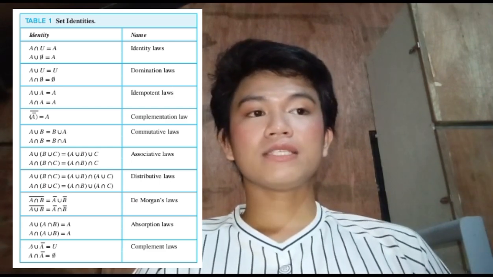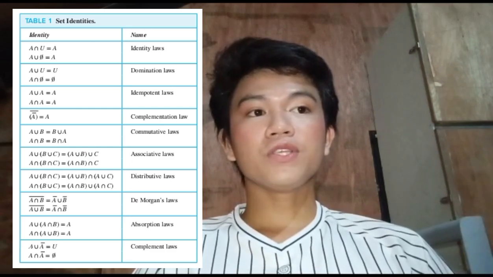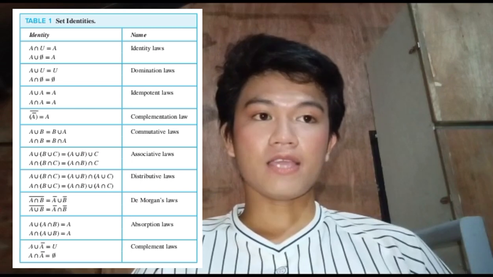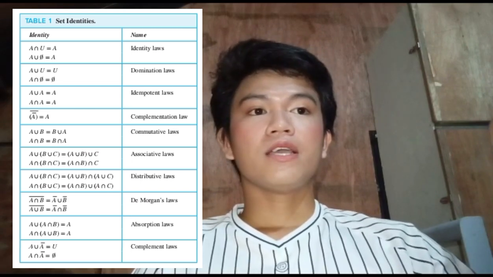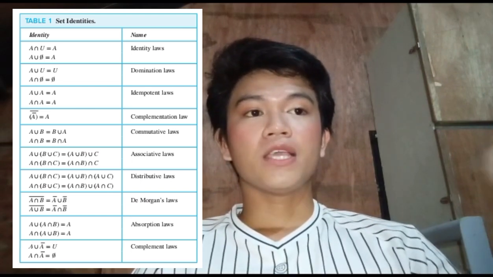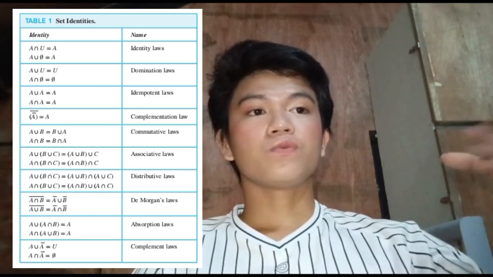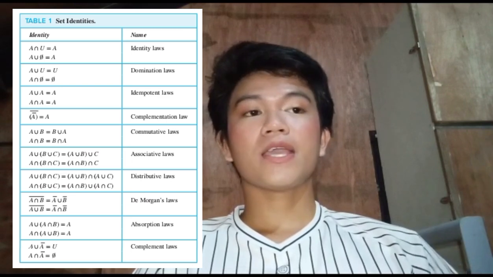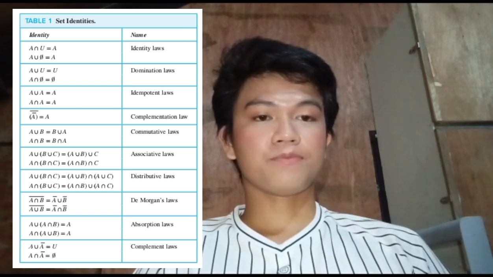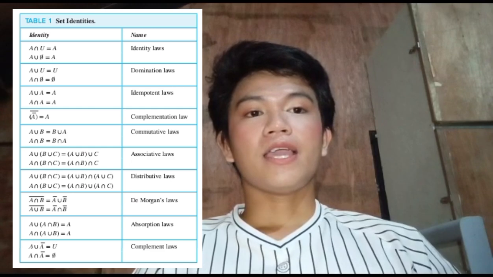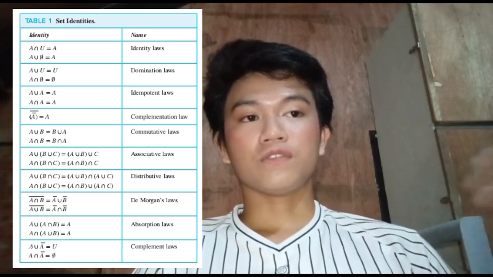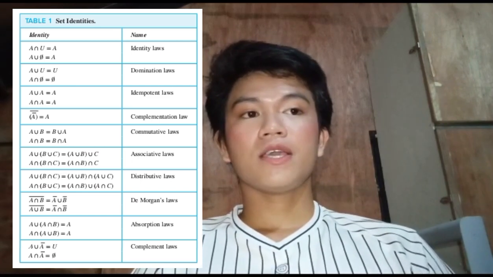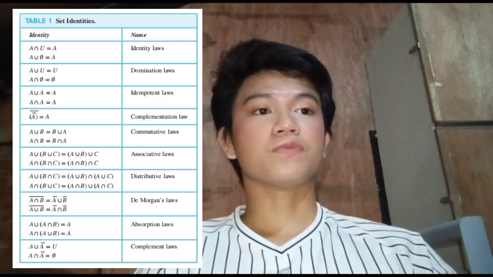The following one is named the distributive laws. Here its identity is A union (B intersect C) equals (A union B) intersect (A union C), and A intersect (B union C) equals (A intersect B) union (A intersect C).